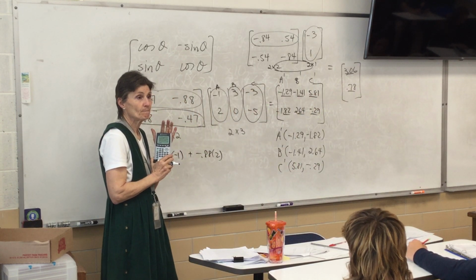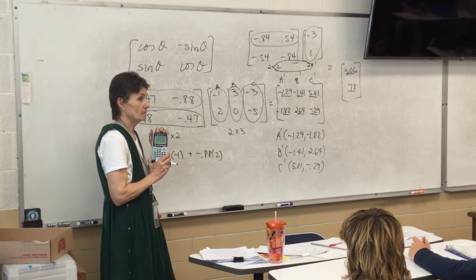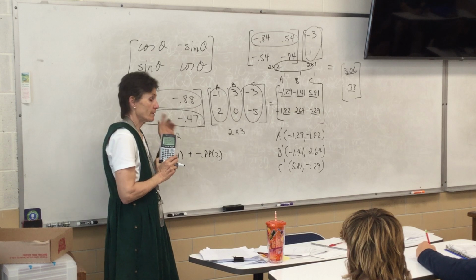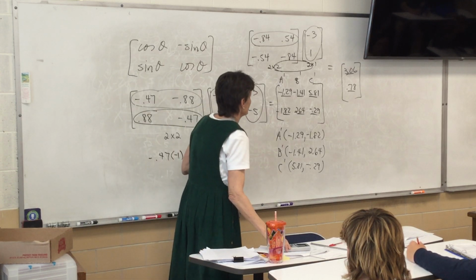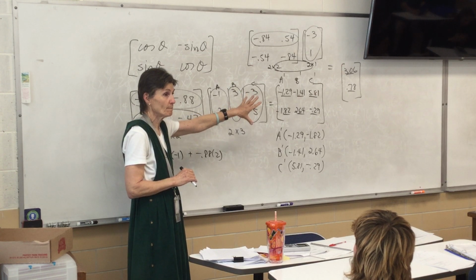Is that what you got? Wait, I did want to do something with this stuff. First of all, are those the right numbers? I don't want to go on if they're not. Do those numbers look okay?